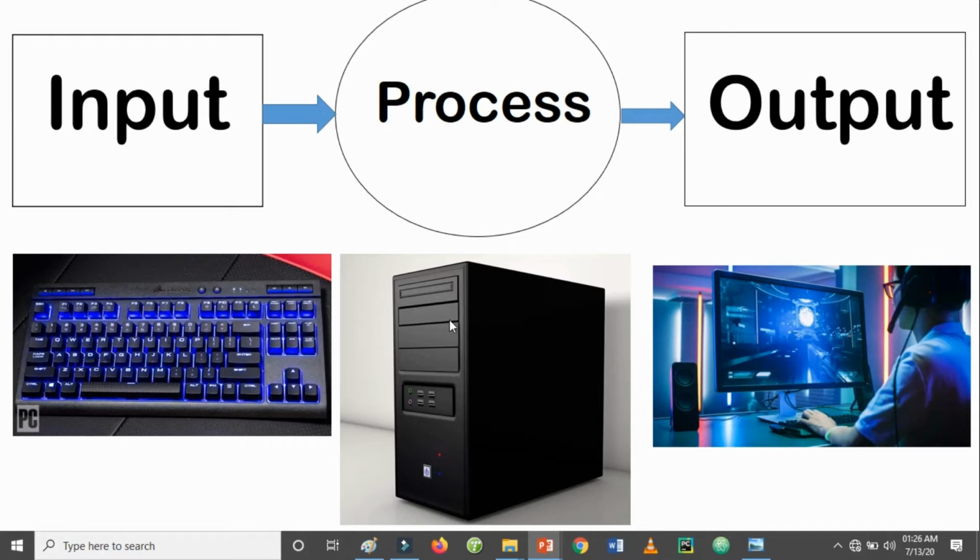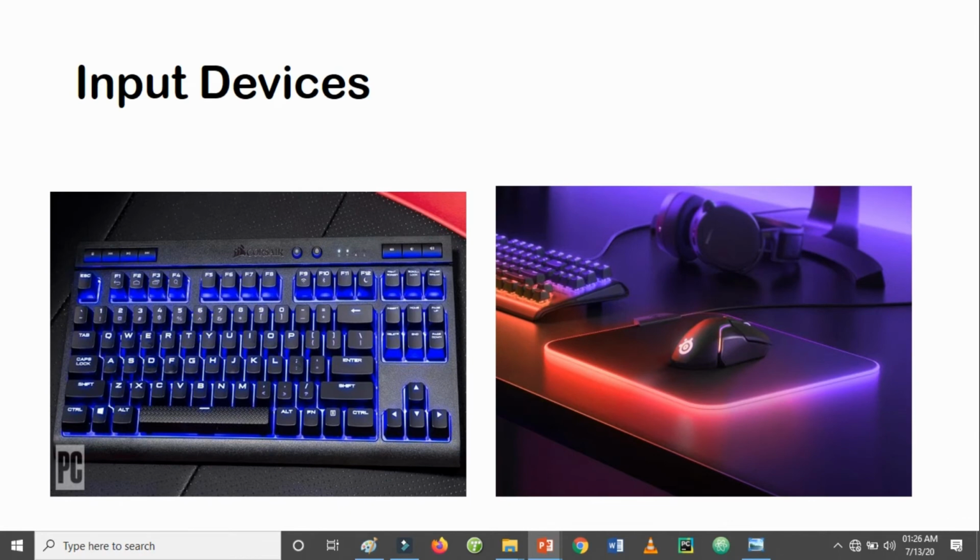We already talked about input device, output device, and the CPU before. Today we're going to focus on input and output devices first. Input devices are the devices used to give commands. Basically, when you want to give a command to the computer, you use input devices.